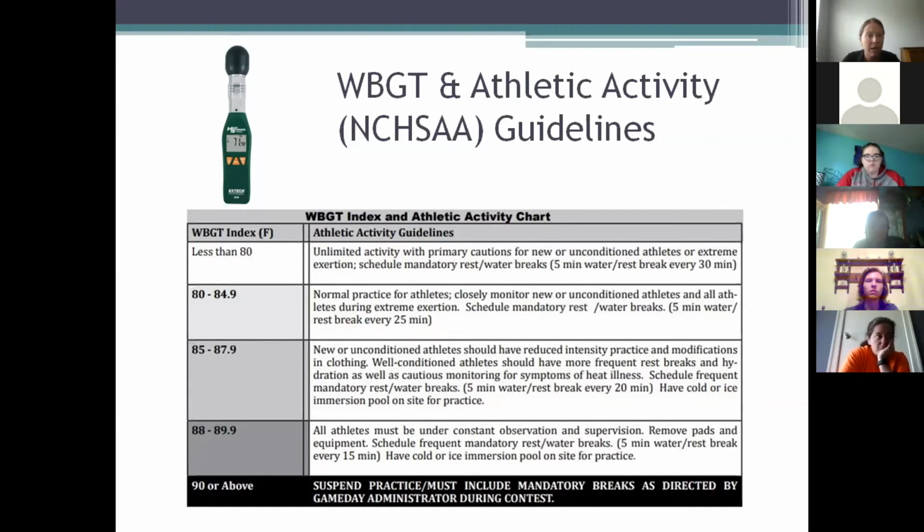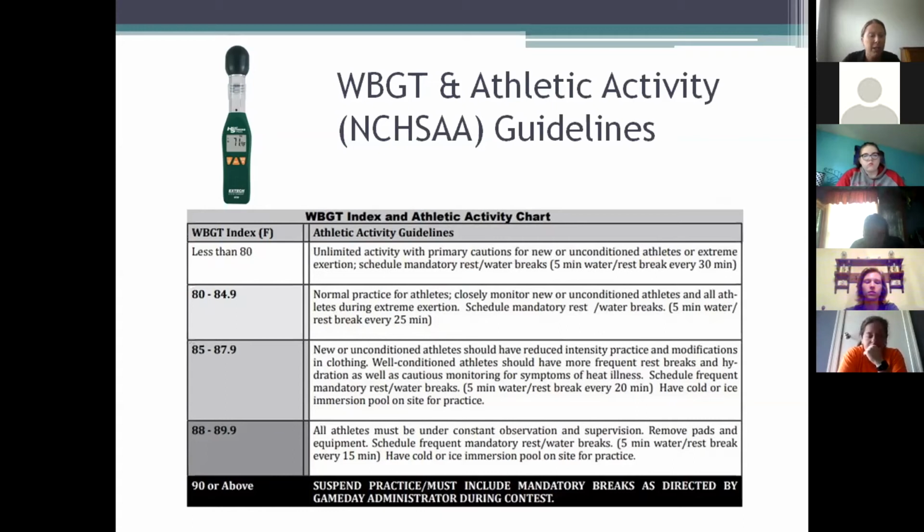Again, moving on, if it's between 85 and 87.9, you want to implement a rest water break 5 minutes every 20 minutes of practice, okay? And you should have access to an ice immersion pool and ice bags. You should have that nearby or know where they are in case they're needed.